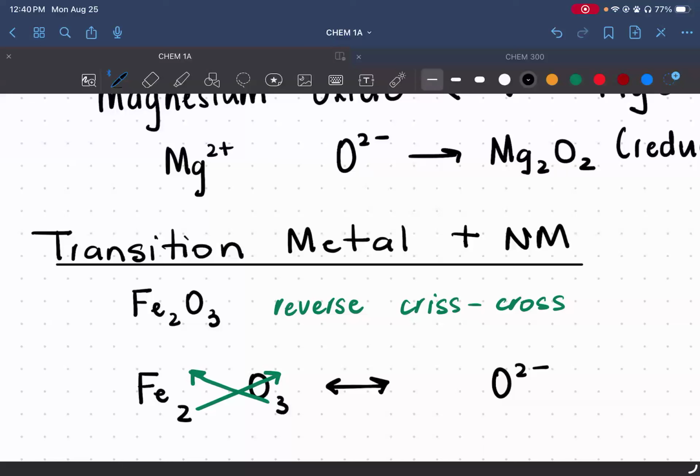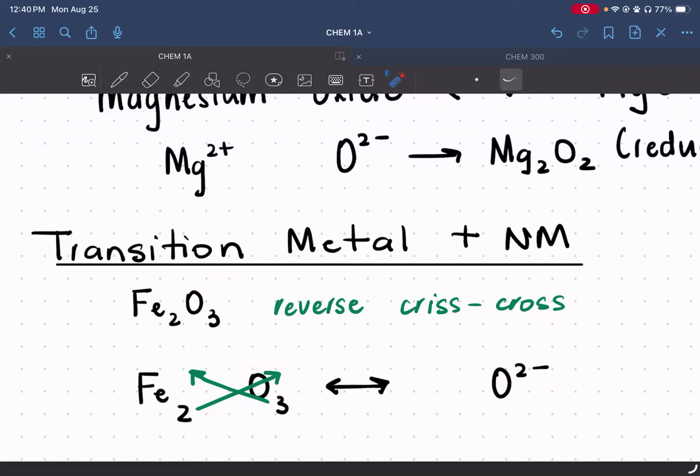Question for the class. How did I know that it was negative? All the crisscross did was shoot the 2 up. How did I know that it was negative? I see a hand. Okay, that's one very good reason. What's the other reason? It is on the right side of the formula.